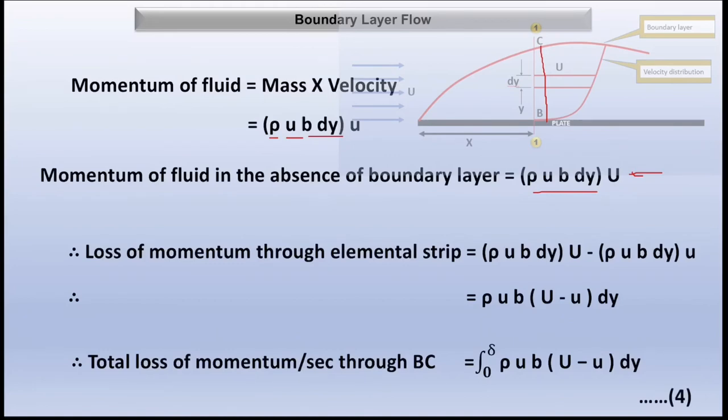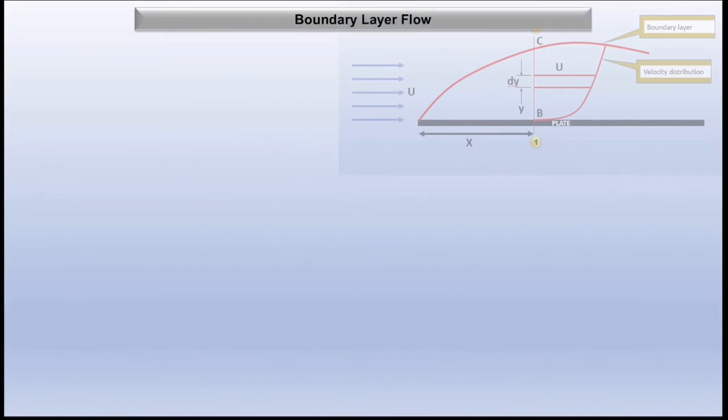So the total loss of momentum is the integral from 0 to delta of rho u b (U minus u) dy, and that is the total loss of momentum due to the formation of the boundary layer.